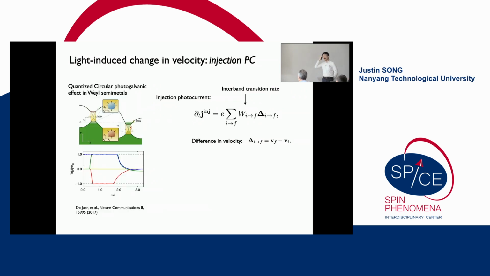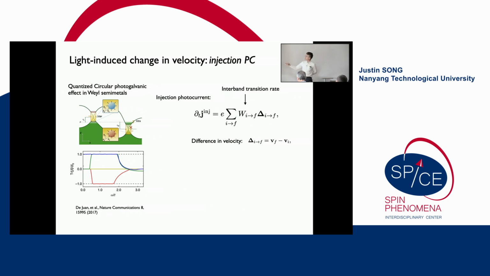And as I told you, these interband matrix elements form the basis of quantum geometry, right? So when I shine circularly polarized light, I straight away get Rx and Ry. That gives me Berry curvature. Berry curvature times the velocity gives you something like a Berry curvature dipole. And when I integrate it throughout, say, a Weyl semi-metal around the Weyl node, it turns out this gives you a Chern flux around the Weyl node.